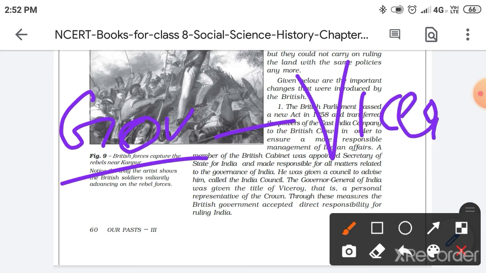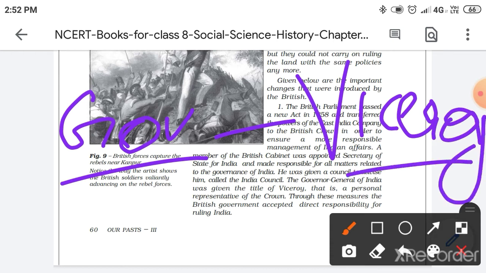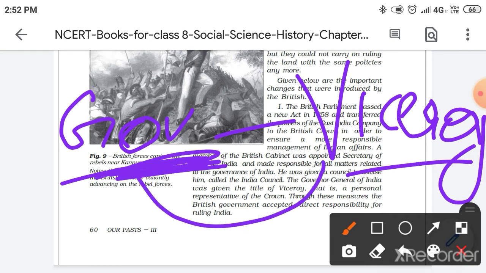You have also seen in your first chapter the first Governor General and the last Viceroy. But this post's name was just converted into Viceroy, nothing else changed.